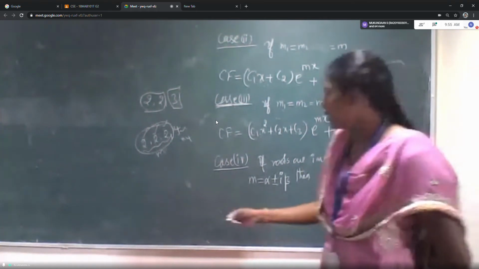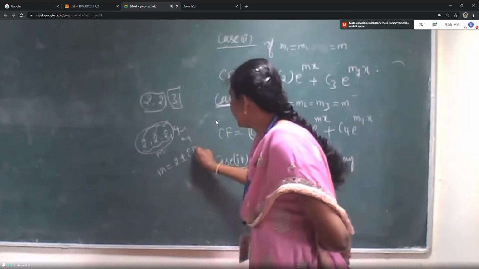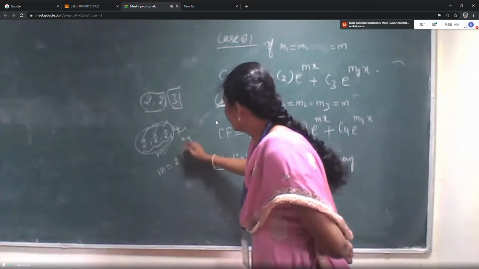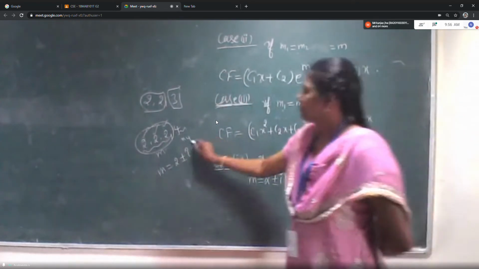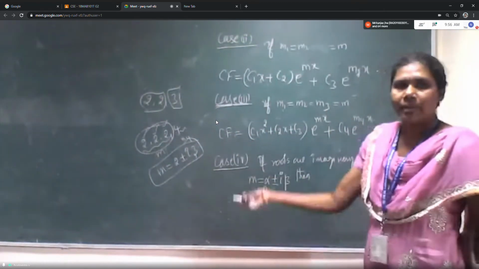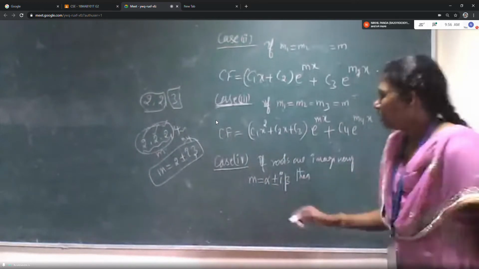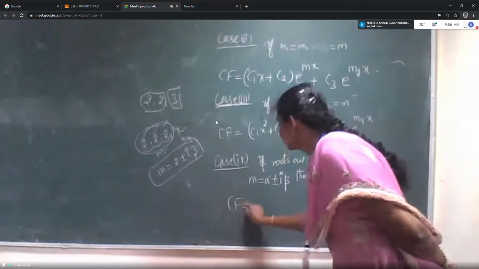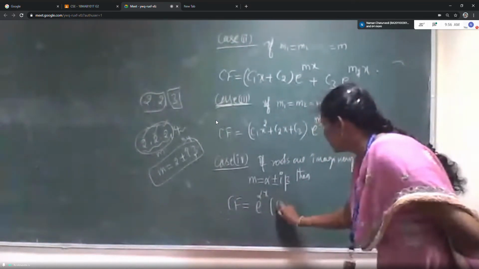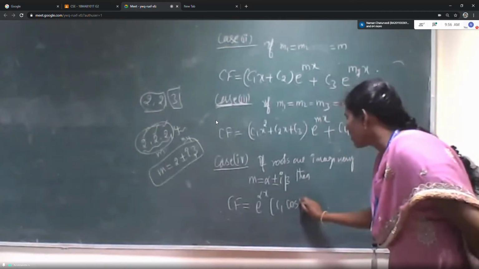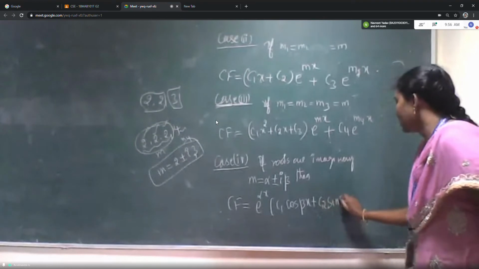In case I am getting m equal to 2 plus or minus i3, this is the general thing. The CF will be e power alpha x into (C1 cos beta x plus C2 sin beta x).